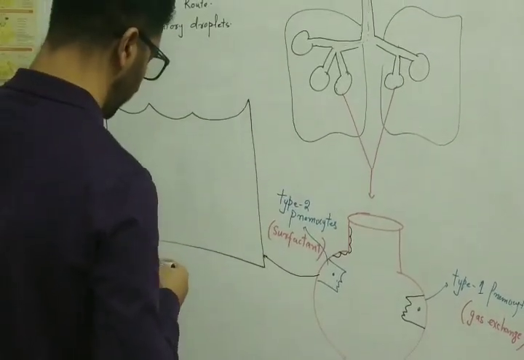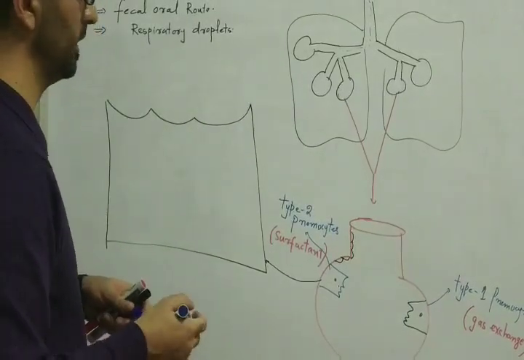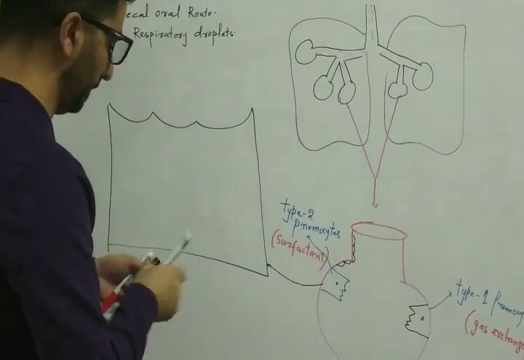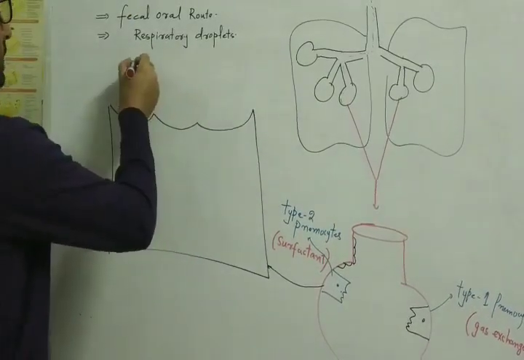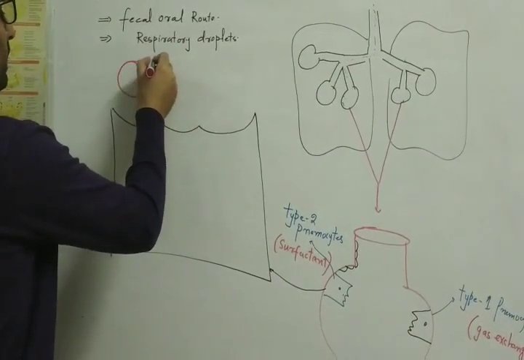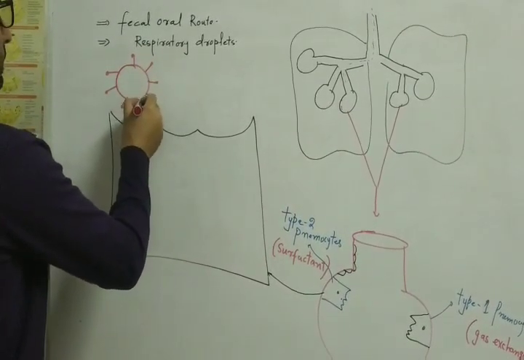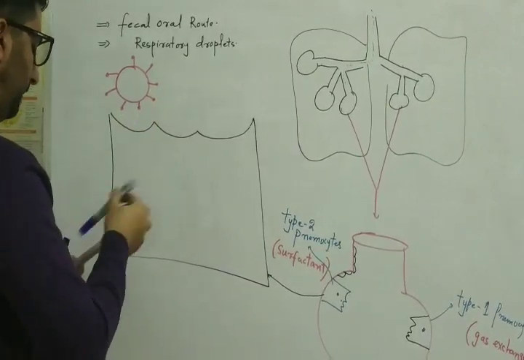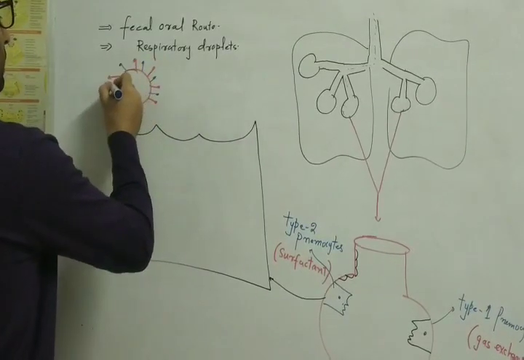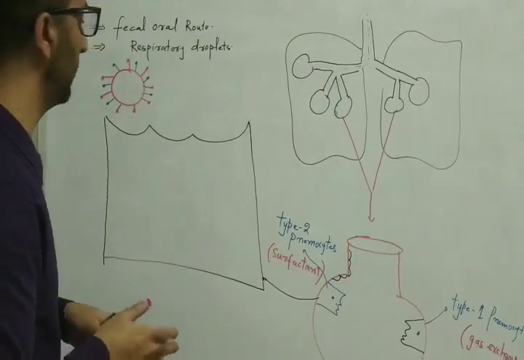Okay, this virus has a special type of protein called spike proteins. For example, I will make one virus here. This is the virus. It has special protein molecules, protein spikes. These are the spike proteins around the virus.